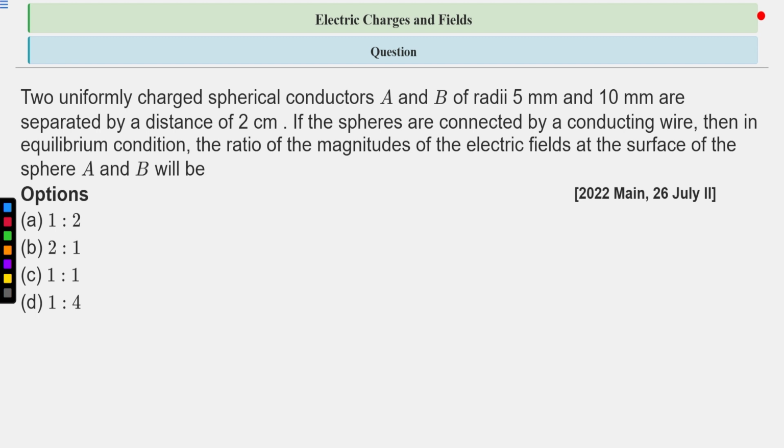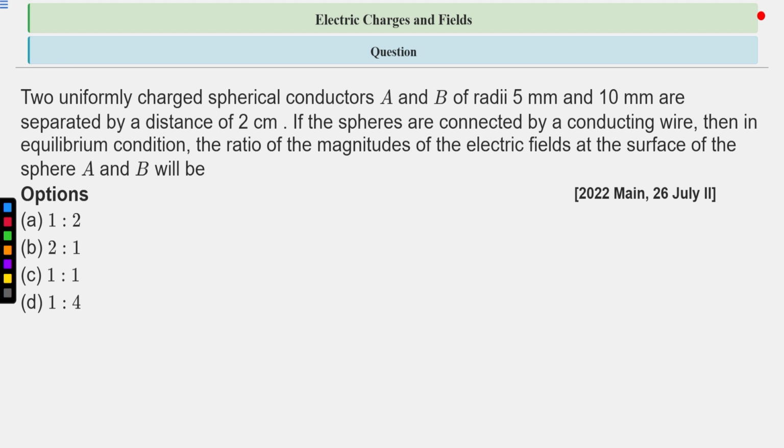If the spheres are connected by conducting wire, again a similar question: when we connect two conducting spheres with a conducting wire, the potential on the surfaces of both the spherical conductors becomes equal. So what is the equilibrium condition? Potential becomes the same on both the surfaces of the spherical conductors.